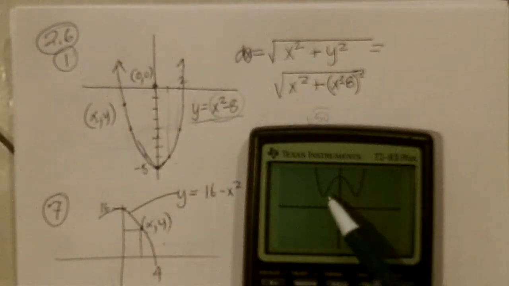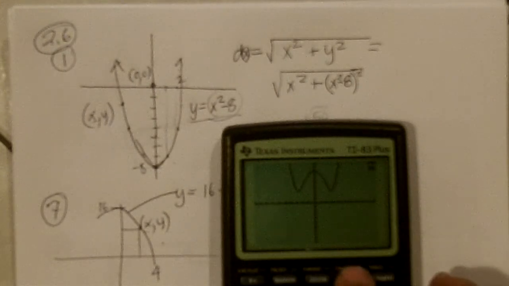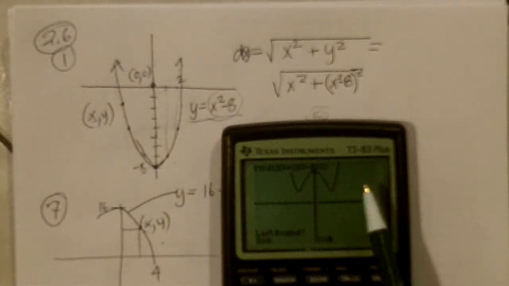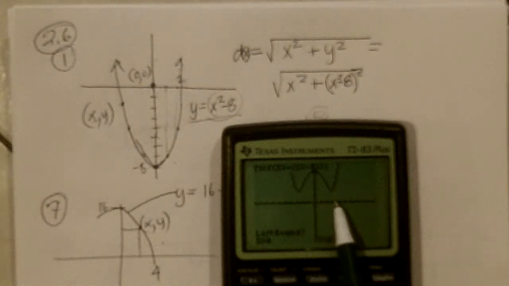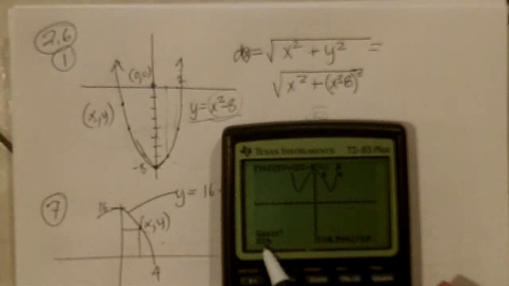And they want you to find these minimums, which you can do by pushing second trace, find the minimum. And I'm going to find the minimum between 2 and 4. 2, enter, 4, enter. So I'm looking for a minimum between here and here. And my guess is about 3.